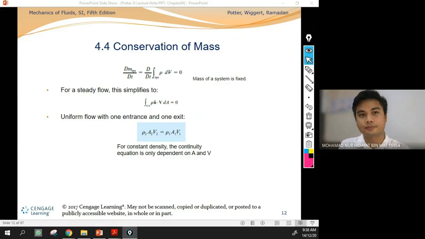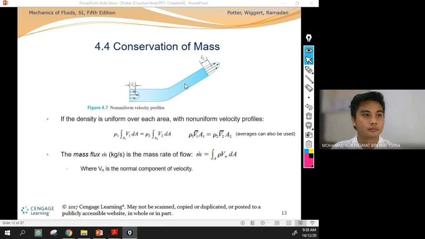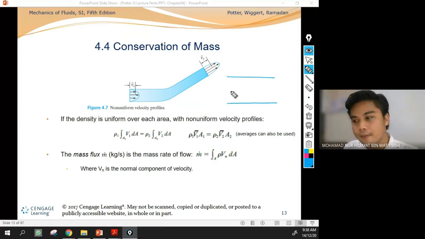All right. So this is what we call the conservation of mass for the non-uniform velocity profile, right? The normal case will be like this. All right, this is the pipe flow. Okay, this is, for example, the pipe flow.